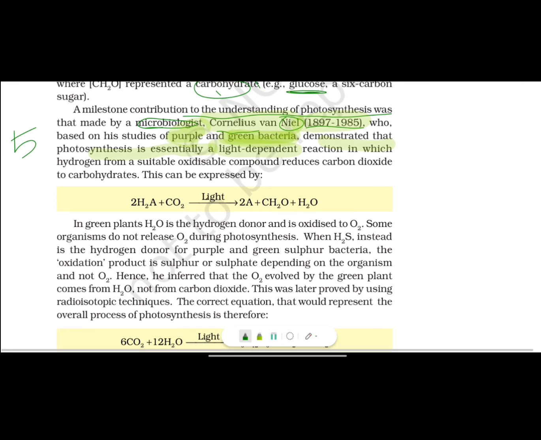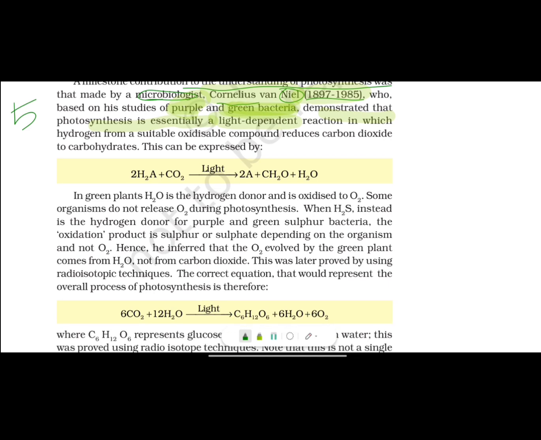Photosynthesis is an essential light dependent reaction in which the hydrogen from a suitable oxidizable compound reduces CO2, carbon dioxide, to carbohydrates.